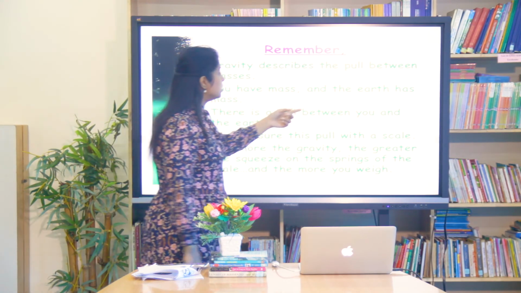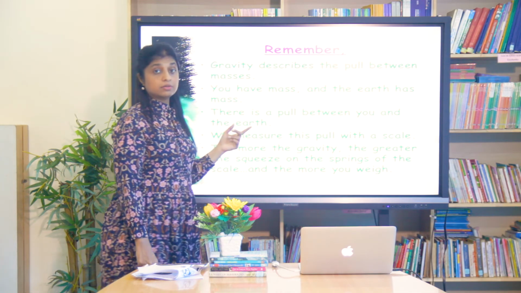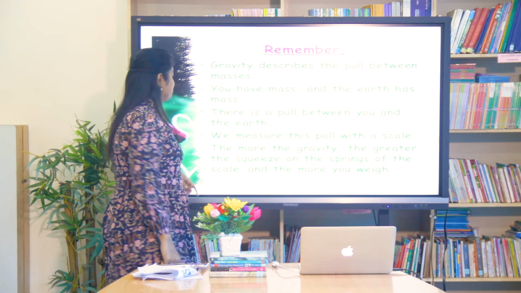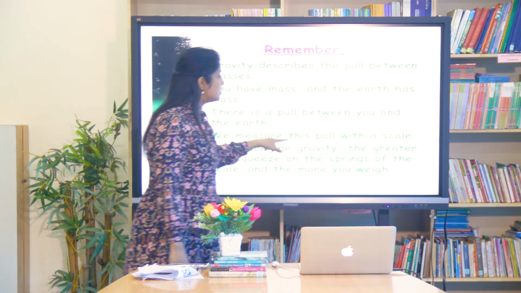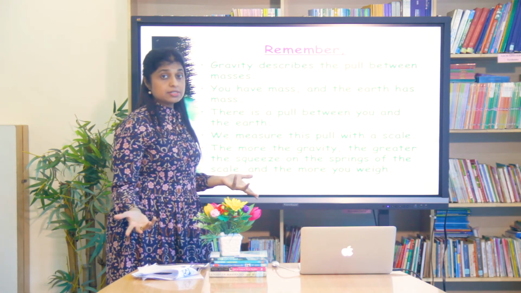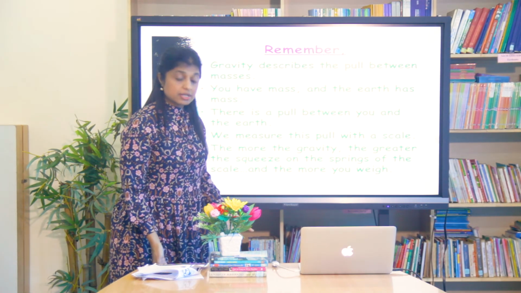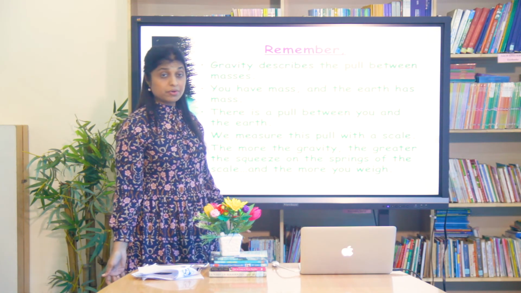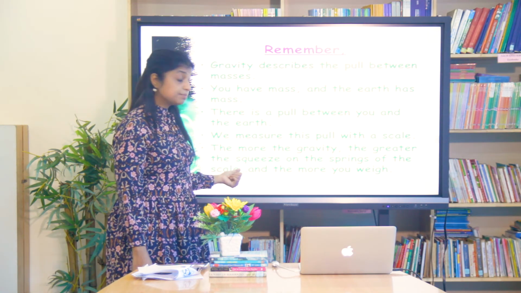There is a pull between you and the Earth. That is why I am walking, otherwise I would have flown. We measure this pull with a scale, isn't it? For example, we weigh ourselves and say, oh yeah, I am 60 kg, I'm 70 kilograms, right? So we use the scale.